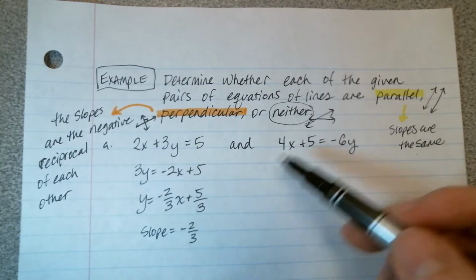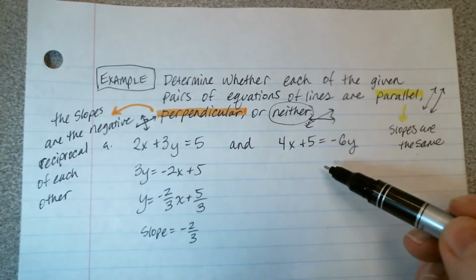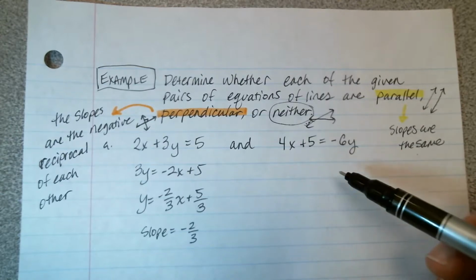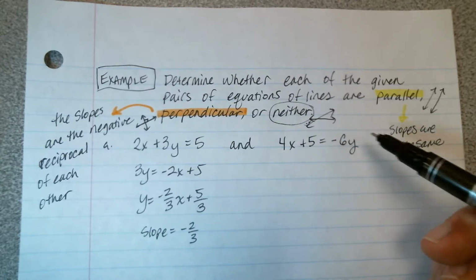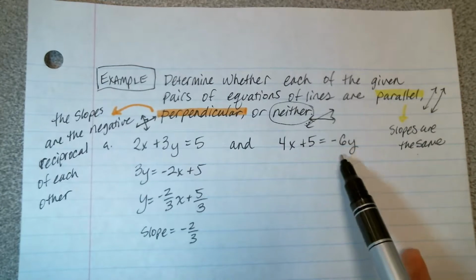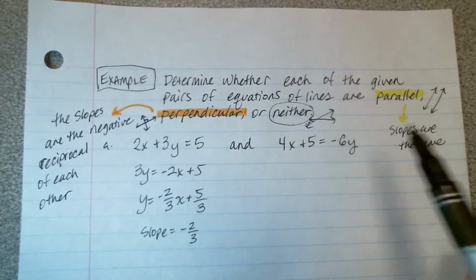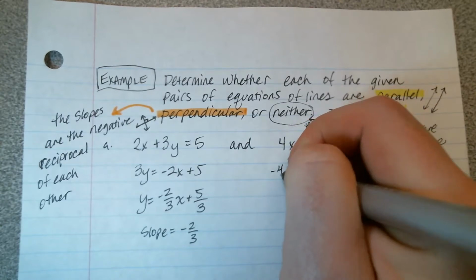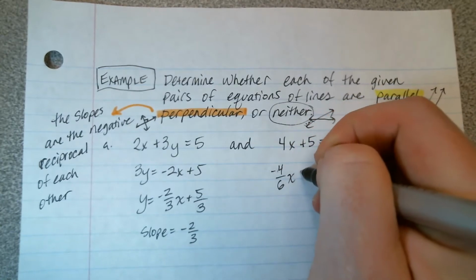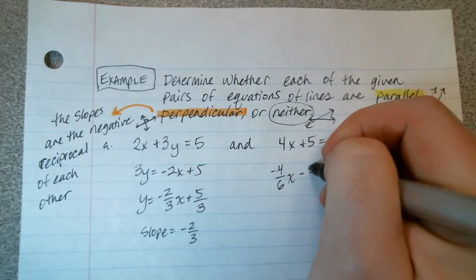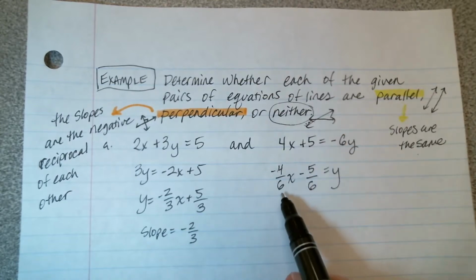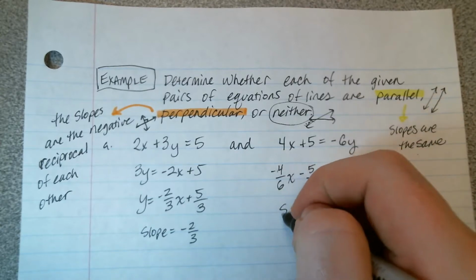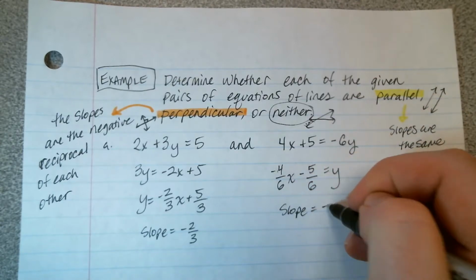So now what I'm wondering is, what is the slope over here? So I'm going to do the same thing. I want to put this into slope-intercept form, which means I'm solving for y. So over here I'm going to divide both sides by -6. And the slope in this case is going to be -4/6.